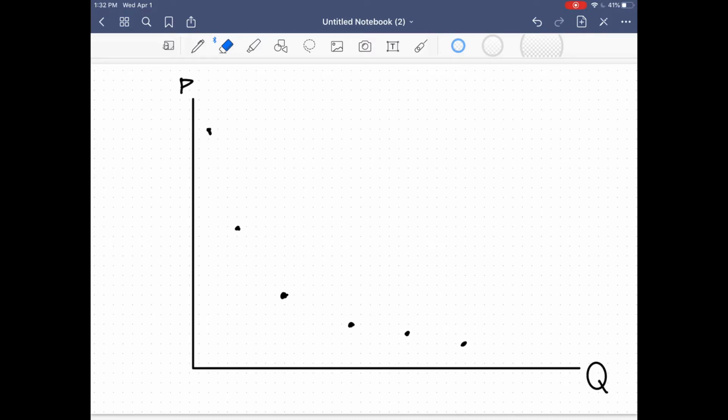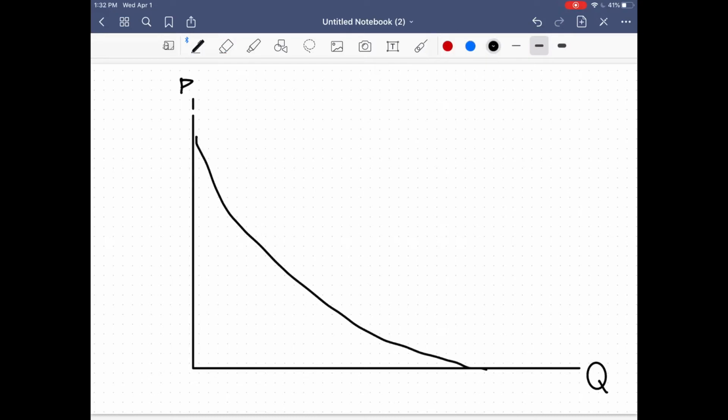So let's think about this now in terms of something continuous. Let's say that we have some good that is now continuous, like water. And so now your question is, how much water will an individual consume?